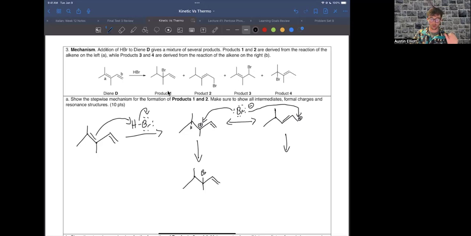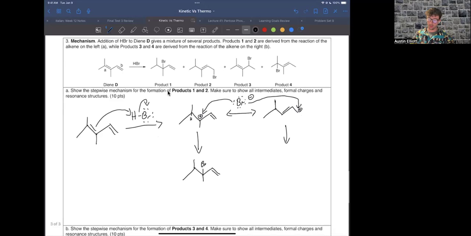Just like that. It's our first product. Then our second product will add where the other carbocation is. Just like that. Make sure not to forget the double bond here.